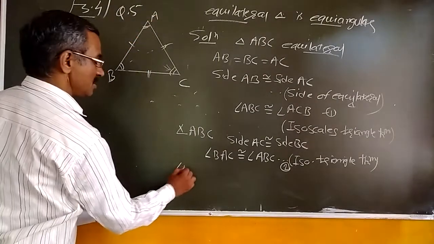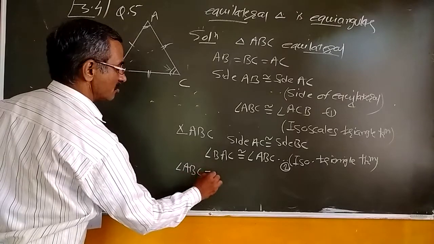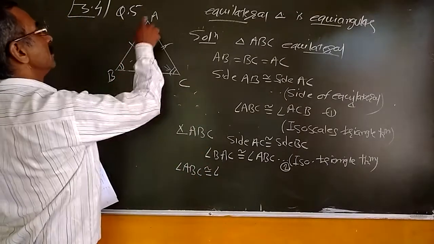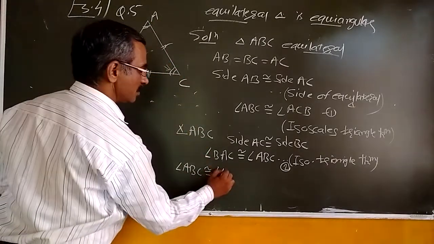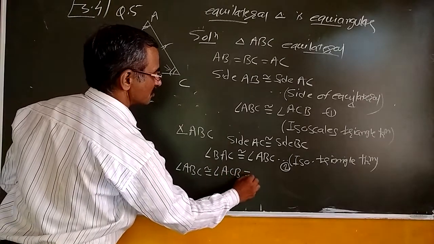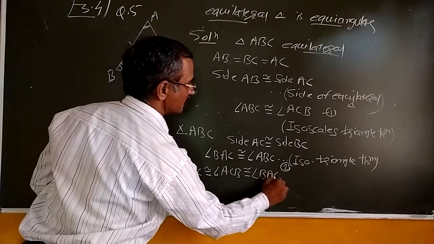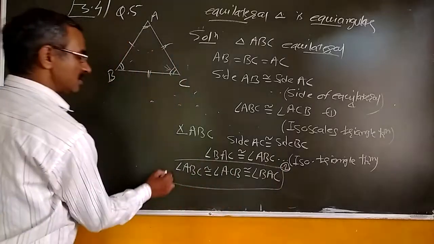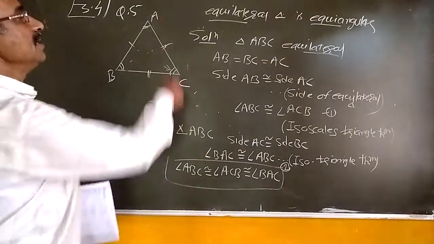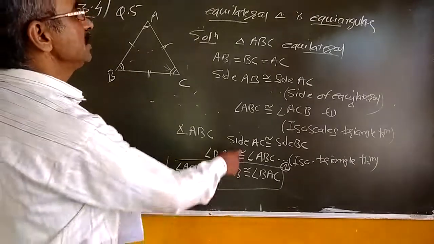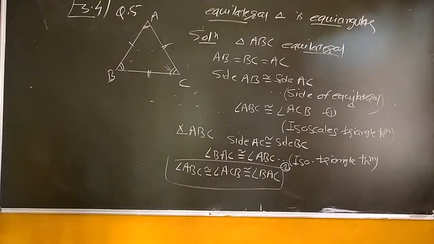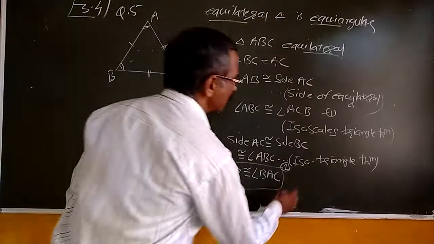Means ABC is congruent with ACB, is congruent with BAC. So we proved here that all angles of the given triangle are equal in measure.